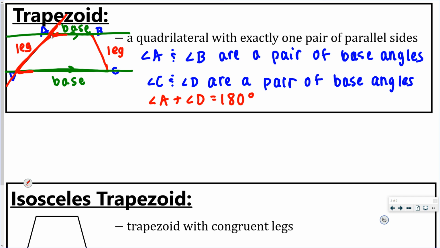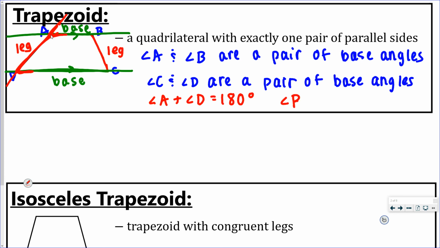Now they have to lie on the two opposite parallel bases. So I don't want to say the consecutive angles are supplementary because technically A and B are consecutive next to each other, but those are not supplementary. So they have to lie on the two opposite parallel lines. And if you think of it like a transversal, that's why they call them non-base angles. Just the consecutive non-base angles. Yeah, you can see that probably.